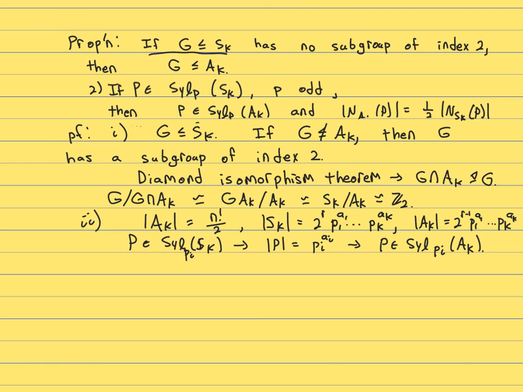So then I just have to check this normalizer part. Well, the normalizer part, you just use Frattini's argument to note that S_k is equal to the normalizer in S_k of P times A_k.